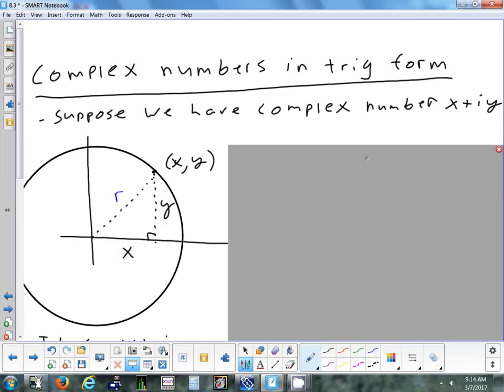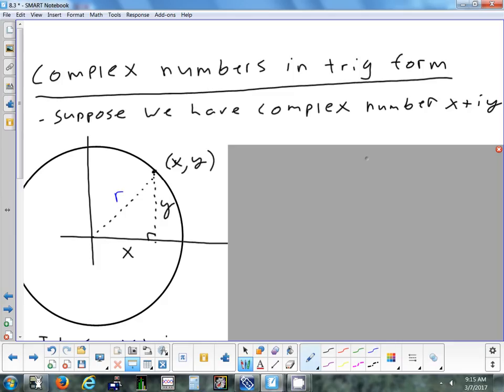Now, this is very similar to something we just did. What is the distance from the point to the origin? Y squared plus x squared. Yeah, it's the absolute value, basically. It's the Pythagorean Theorem. We just did that. So when we have to calculate r, we should already know how to do that from the last page.